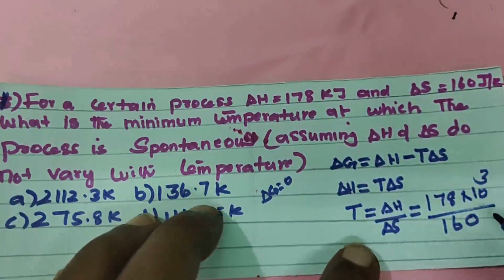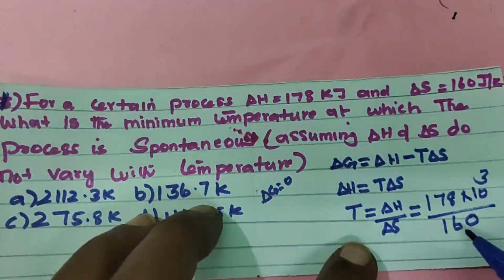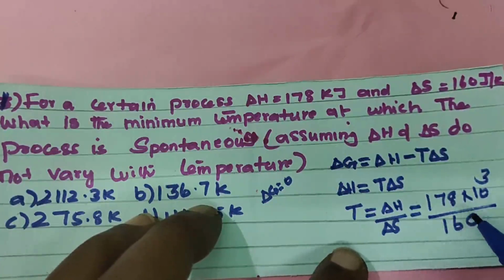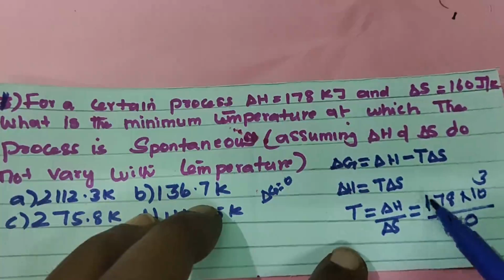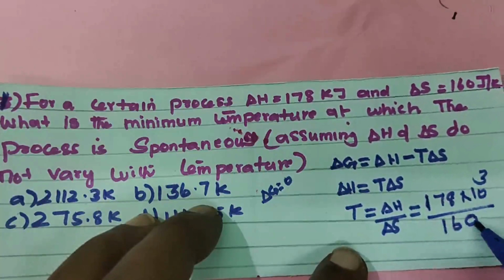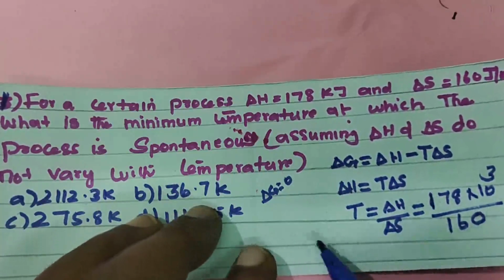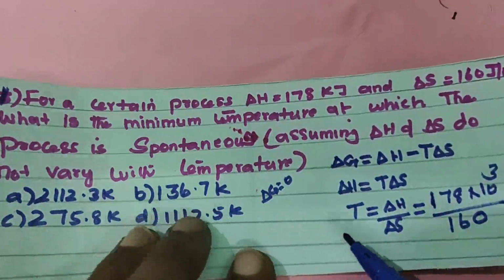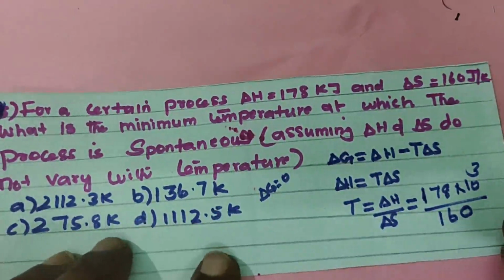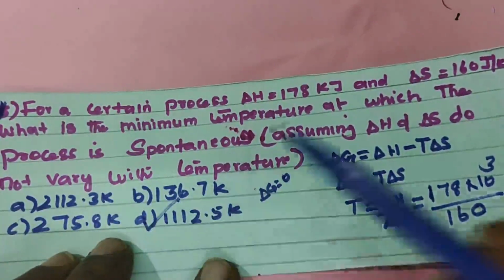Here 160 is there, here 178, so the value should be slightly greater than 1. Approximately 1 into 10 raised to 3 means nearly 1000. So here the answer is 1112.5. So the correct option is D.